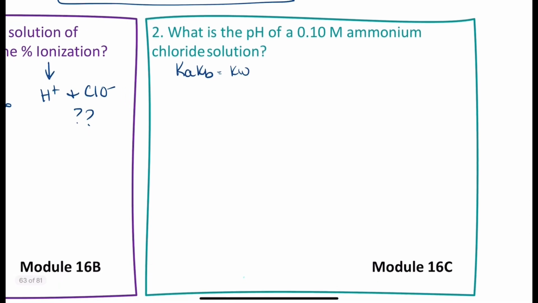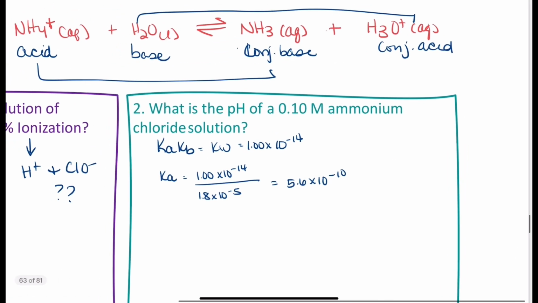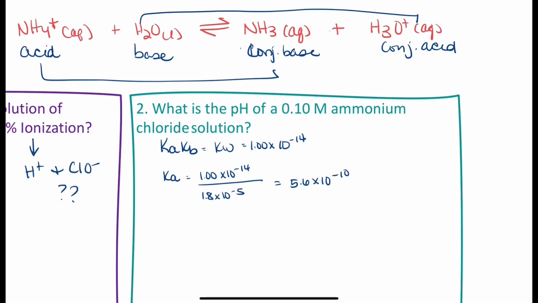I know at 25 degrees Celsius, which unless otherwise stated I'm going to assume, that Kw is equal to 1.00 times 10 to the negative 14. I need Ka. I know Kb is 1.8 times 10 to the negative 5. This gives me 5.6 times 10 to the negative 10. So I know my Ka value. Cool.